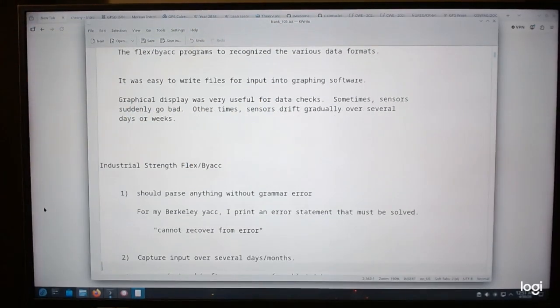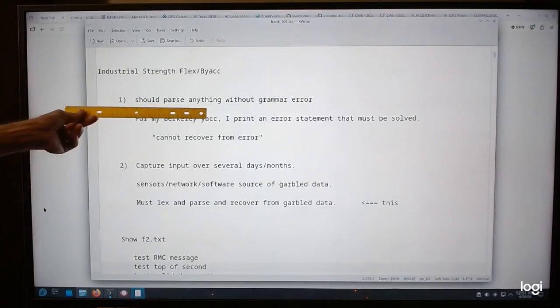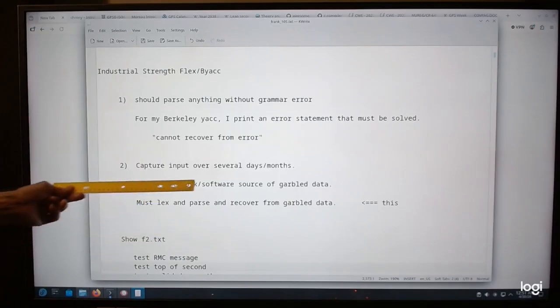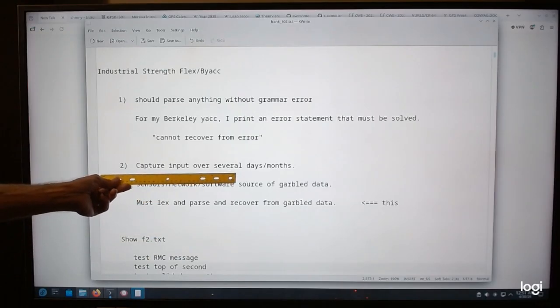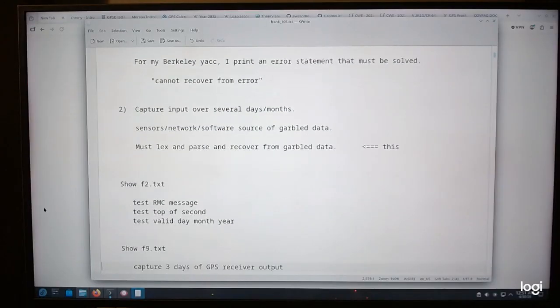Now, if I want to write an industrial strength Lex, it needs to be able to parse everything. And in this video, I captured the input for several days to show you.